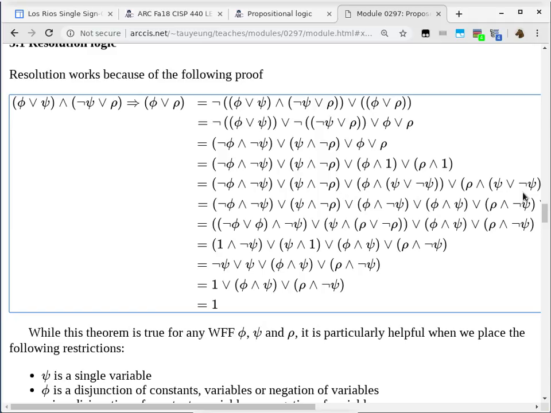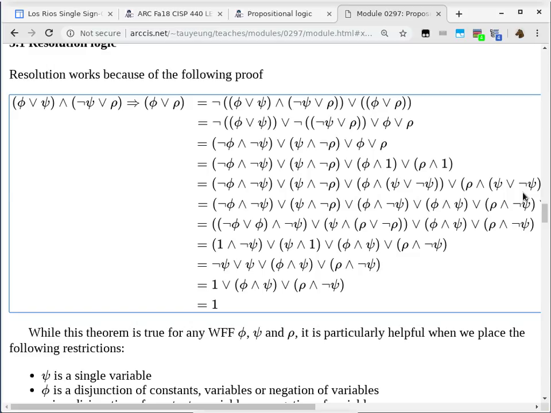What about between these two rows? It's called distribution. It works the same way as arithmetics. So I have psi or phi, phi and psi or not psi. If you look at the conjunction as a multiplication and the disjunction as an addition, it works the same way as in arithmetics.